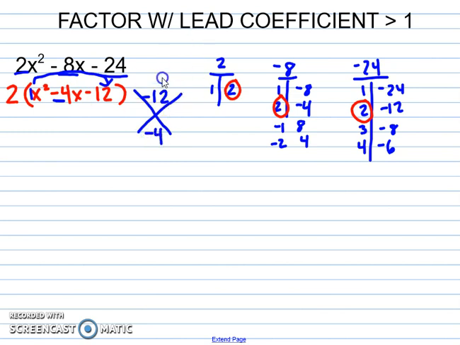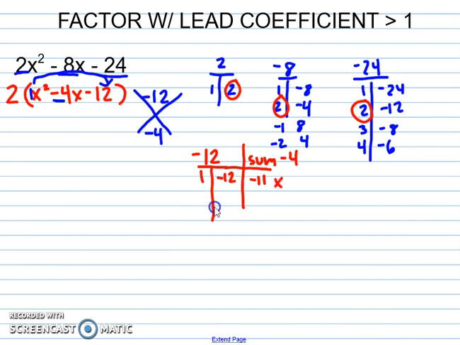So now I need to figure out, okay, what factors multiply to negative 12 that also will add to negative 4. And again, if you don't see it off the top of your head, you can always make your little chart here. All right, so I need negative 12, but I also need this to have a sum of negative 4. So I can do 1 times negative 12 is negative 12. 1 plus negative 12 is negative 11.